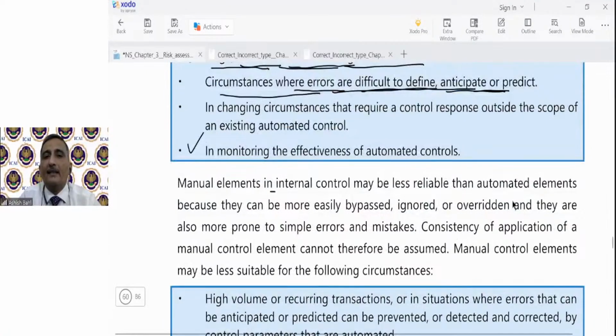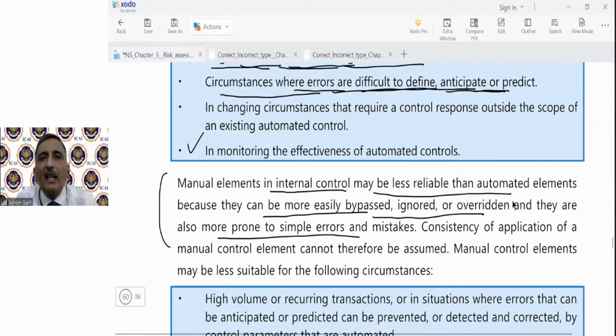So manual elements in internal control may be less reliable than automated controls, because they can be easily bypassed, ignored or overridden. These are the same disadvantages of manual controls which every one of you knows: whenever manual controls are there, they depend upon human judgment, and can be bypassed or overridden, or decisions can be taken erroneously.